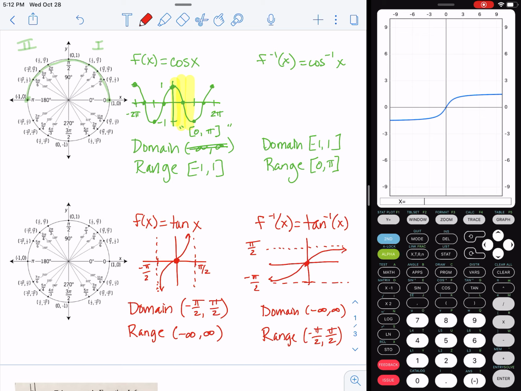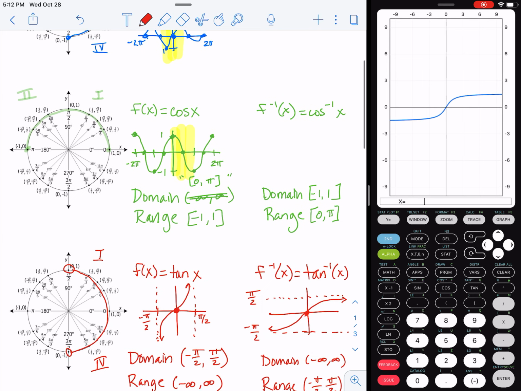All right? So talking about where we're restricted on the unit circle, notice it does not include that negative pi over 2 and pi over 2. Okay? And it is restricted to these two quadrants, 1 and 4, for my output. Right? So not including the negative pi over 2 or pi over 2. All right? So take a look. I'm going to scroll up.